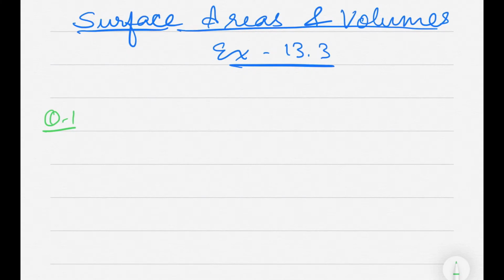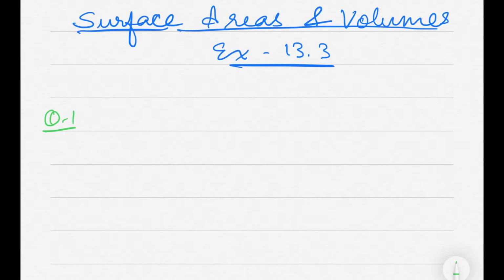Whenever we have these kinds of questions, like one shape is melted into another solid and then recast into a different shape, the volume of the material will be the same, right? So we have to compare the volumes and then we can find out whatever is asked in the question accordingly.